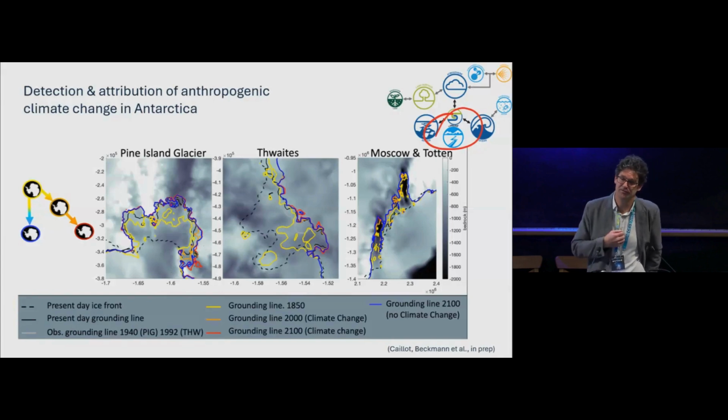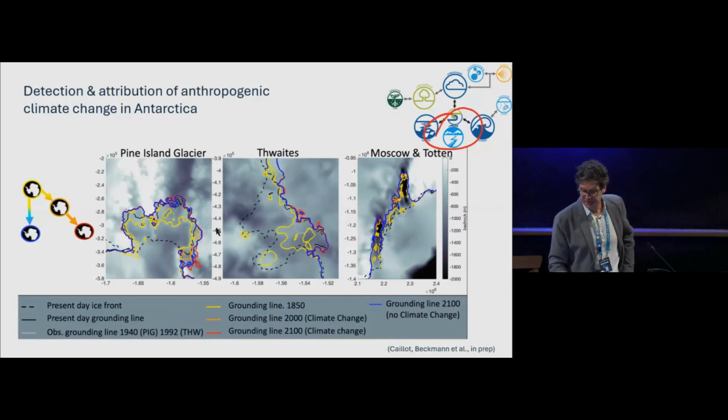And so the intent here is to be able to use this model to do detection and attribution of how much climate change is contributing to the change in retreat of these key glaciers that are in Antarctica, which gives us more confidence for how they're going to work in the future.